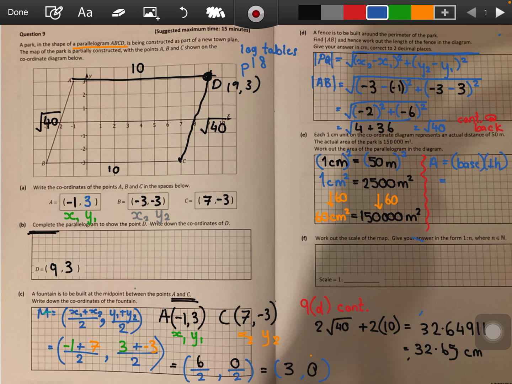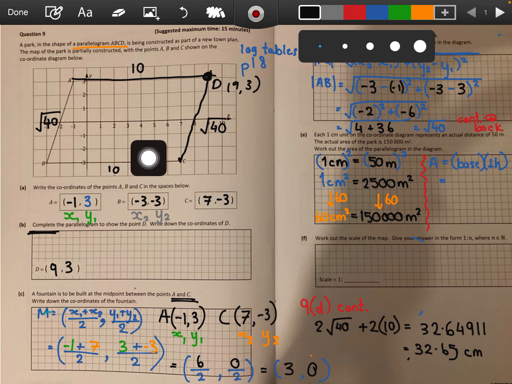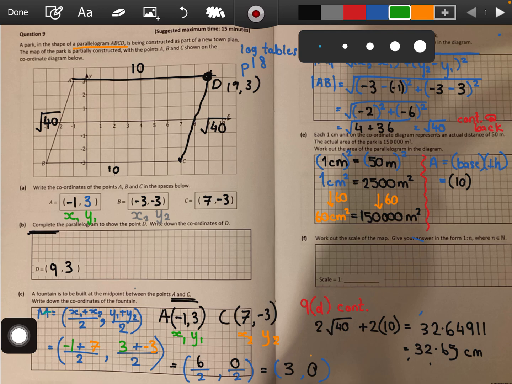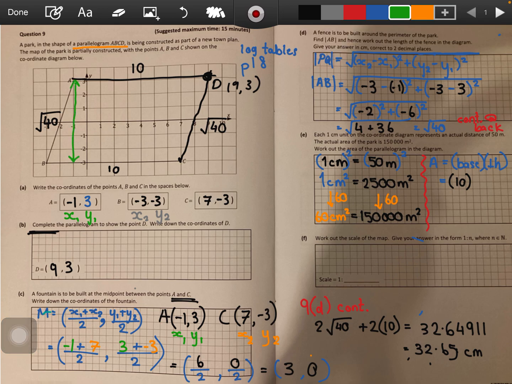If I use the base of 10 here, just because it's the easier number, it's 10 by its perpendicular height, not the square root of 40, but the height perpendicular to 10, which is 6. So 10 times 6, we get 60. Remember, this diagram represents centimeters, and now it's area, so it's centimeters squared.